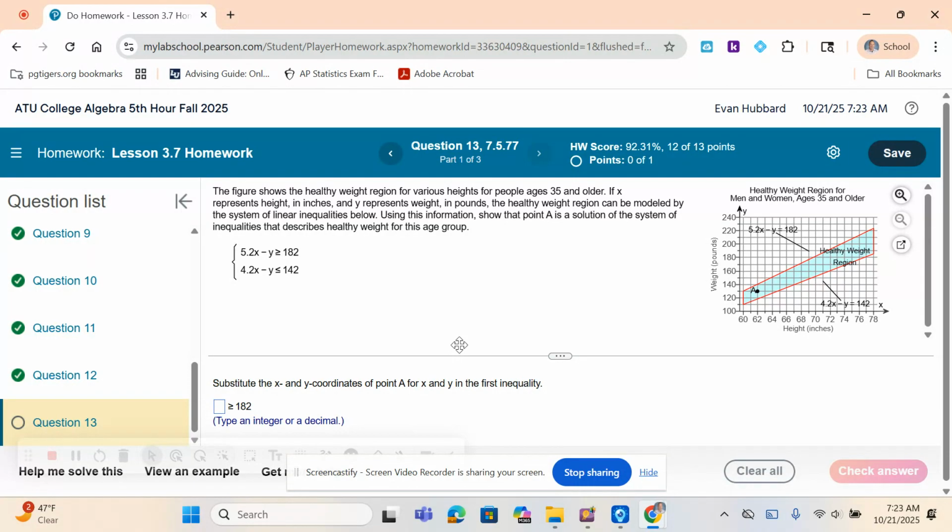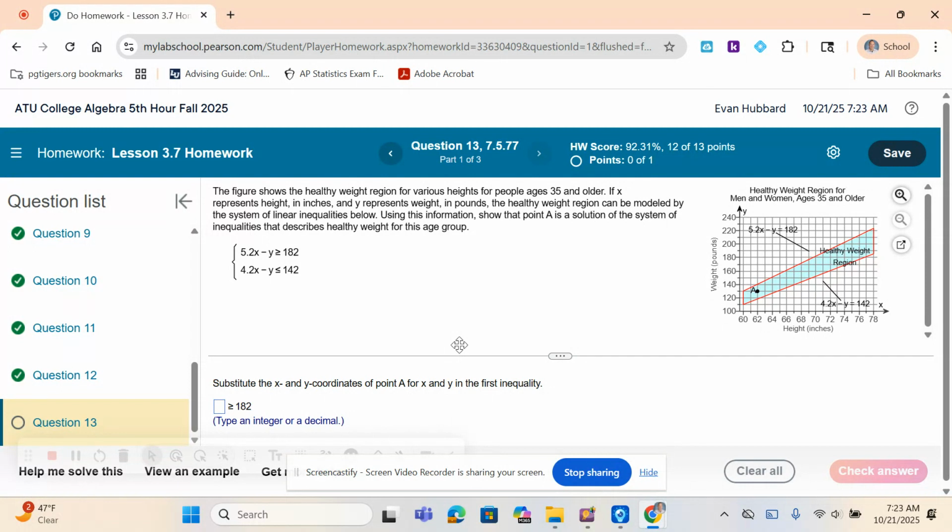All right, 13. The figure shows the healthy weight regions for people 35 and older. If x represents the height in inches and y the weight in pounds, the healthy weight can be modeled by the system of inequalities: 5.2x minus y is greater than or equal to 182, and 4.2x minus y is less than or equal to 142.